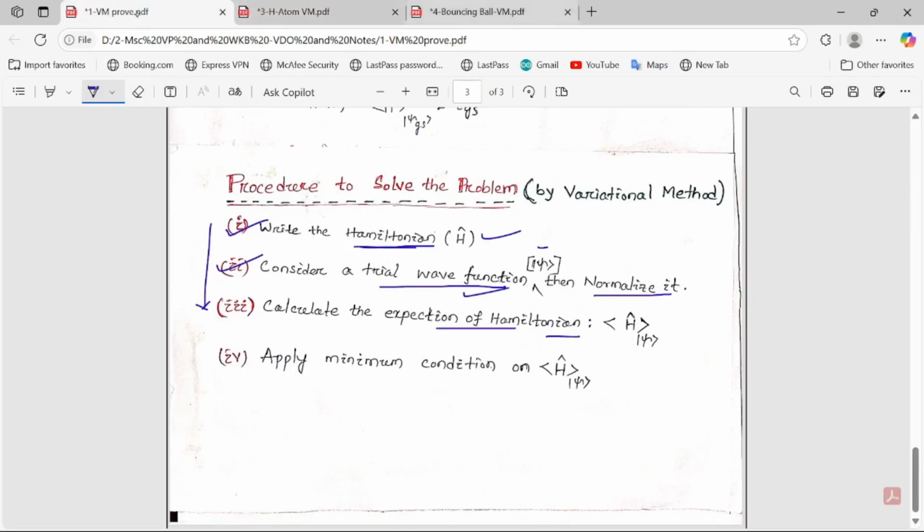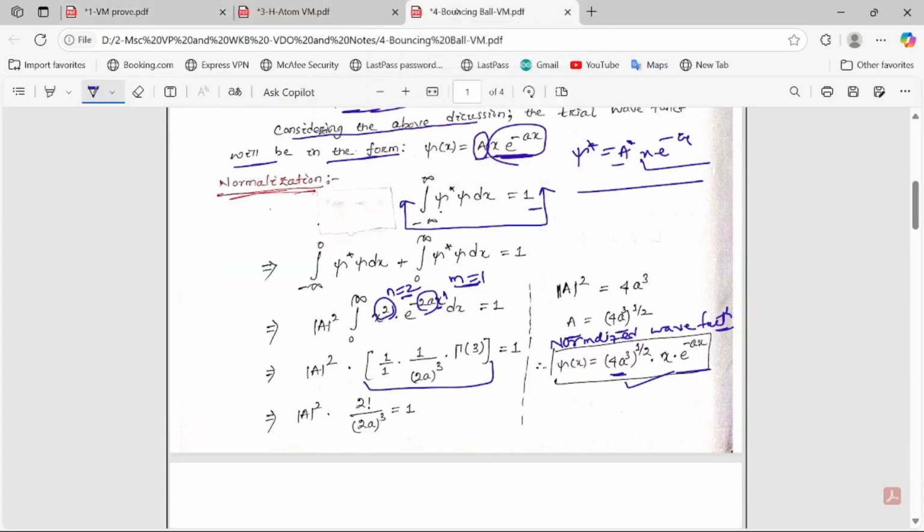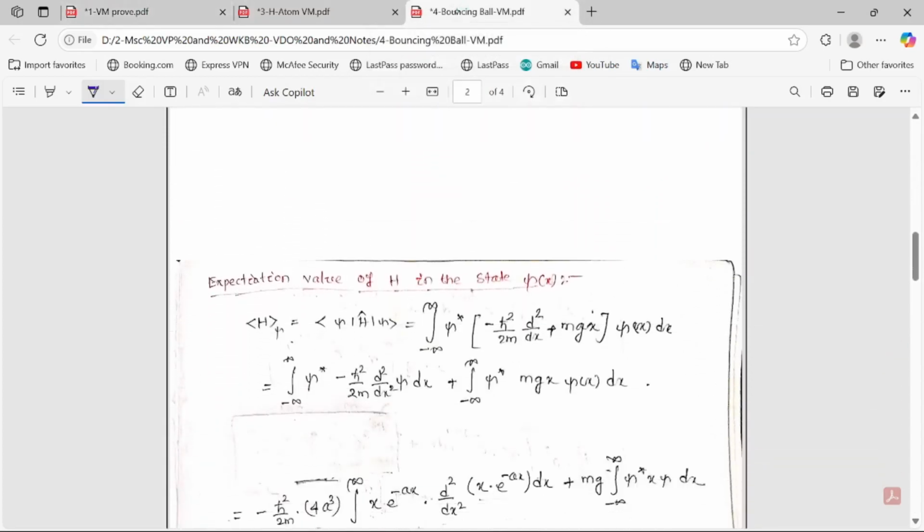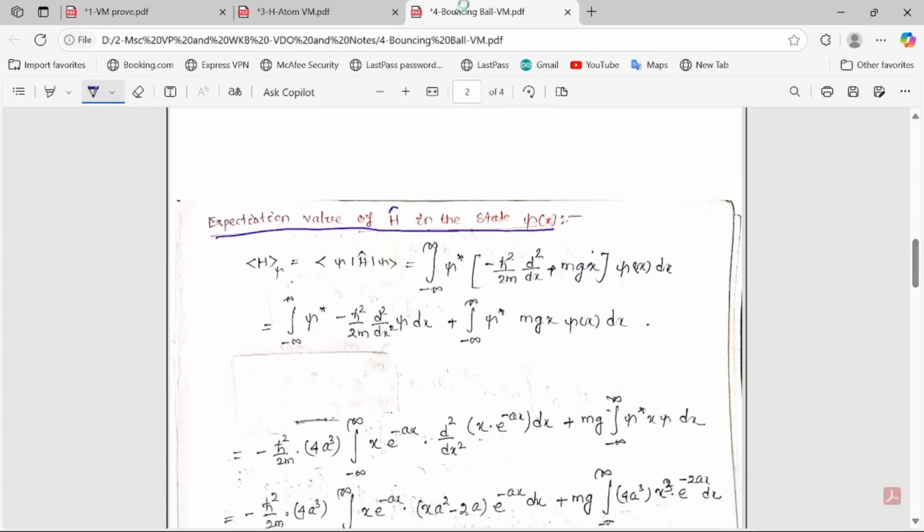Now we are going to calculate the expectation value of the Hamiltonian by considering this normalized wave function. Here the heading I also wrote the same: expectation value of this Hamiltonian in the state ψ(x), whatever normalized wave function we found. This one is the angle bracket H cap, or in integration format minus infinity to plus infinity ψ* H ψ(x) dx.